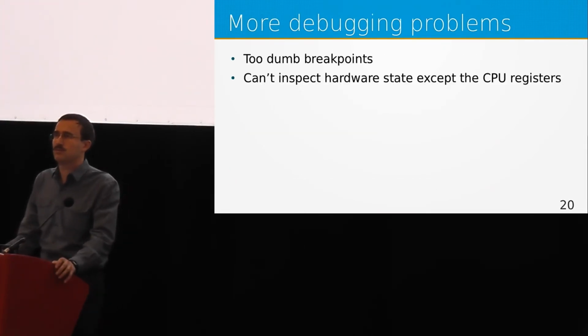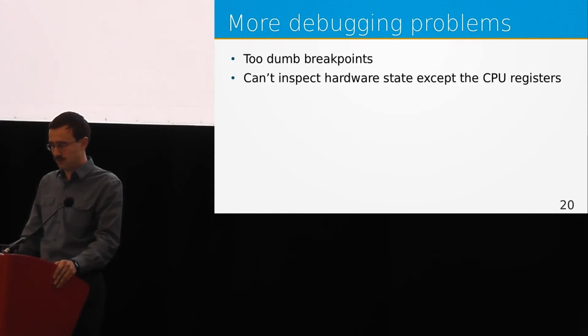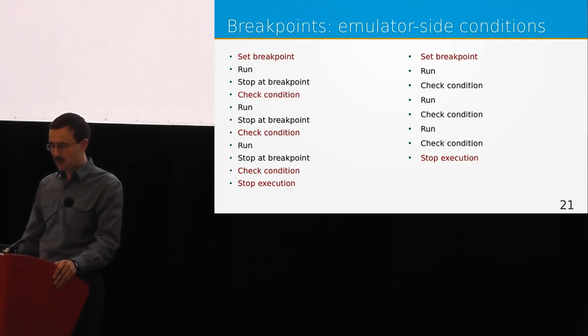Another two less meaningful things: breakpoints used by the GDB protocol are too simple. For example, when you set a breakpoint in the inner loop, you have to stop the emulator every time you meet the address and check the condition within the debugger.